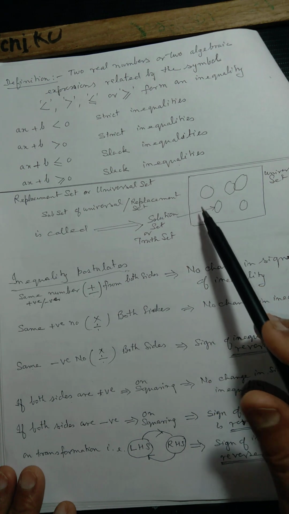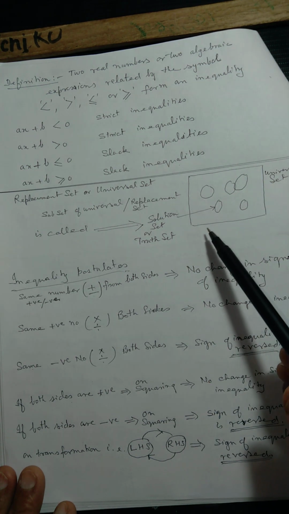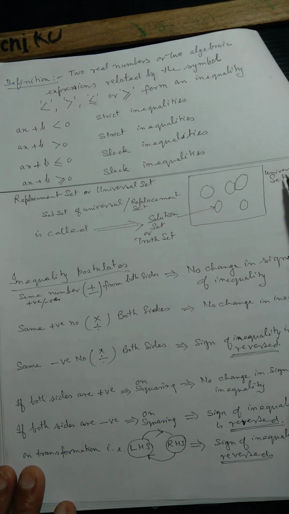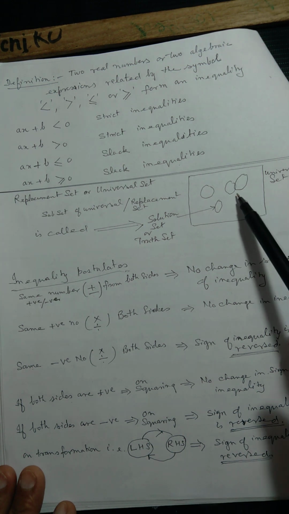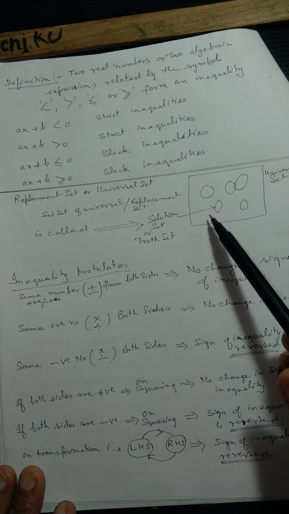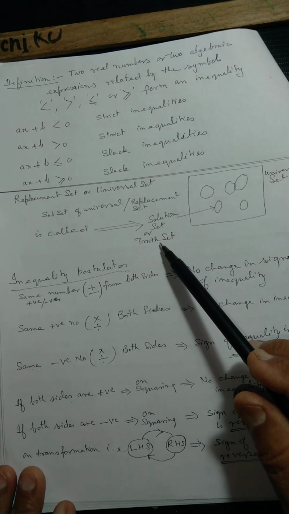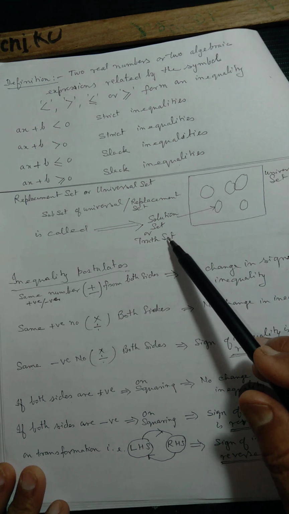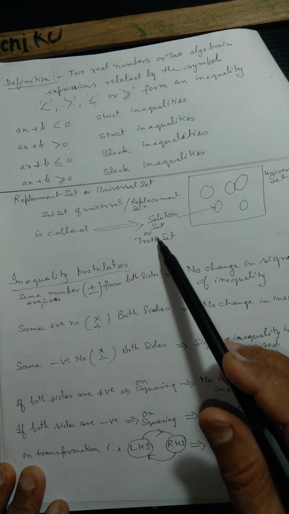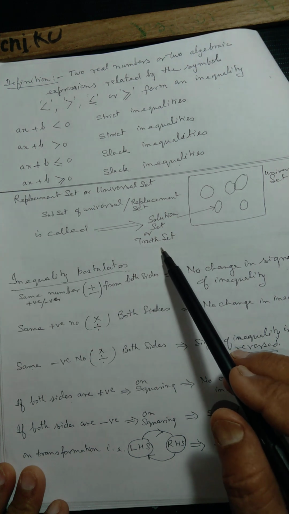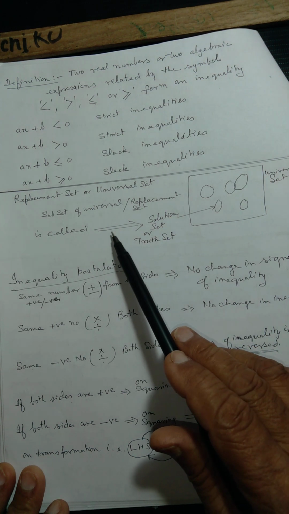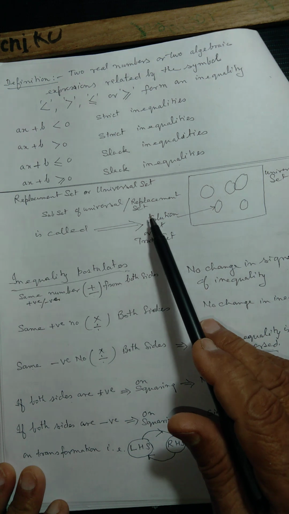The complete figure surrounded by the rectangle is the universal set or replacement set. From there we choose the solution set, also known as the truth set. These solution sets or truth sets are subsets of the universal set or replacement set.